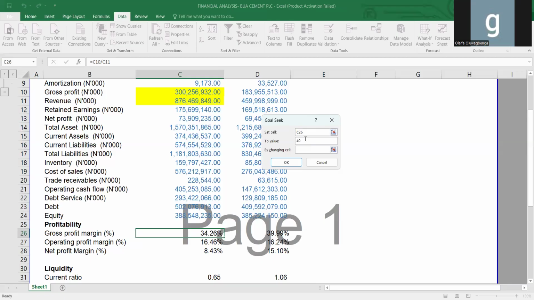By changing what cell? We want to change the revenue cell, to say, if the business is to achieve a gross profit margin of 40%, what should the revenue be to achieve that? Then I click on OK.